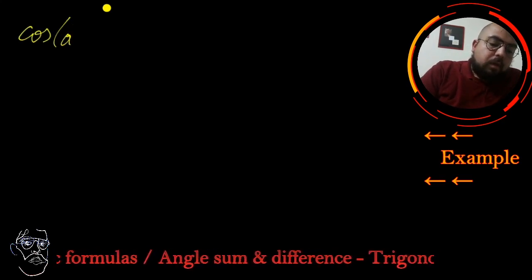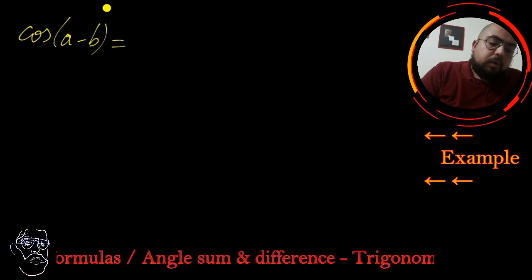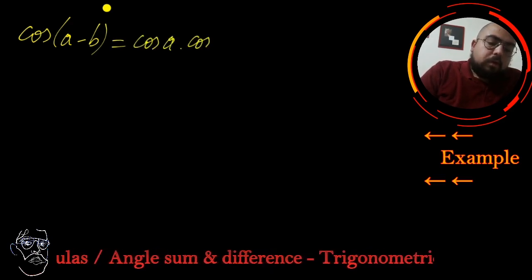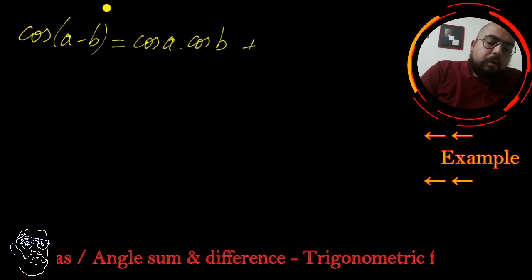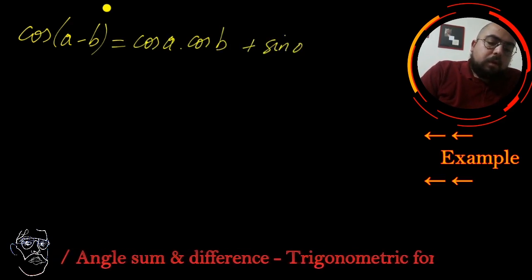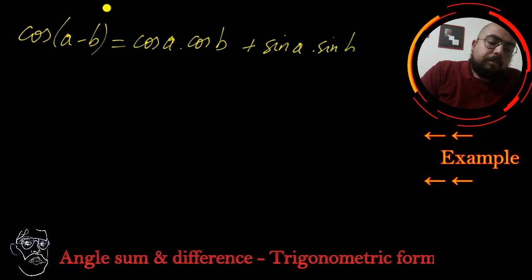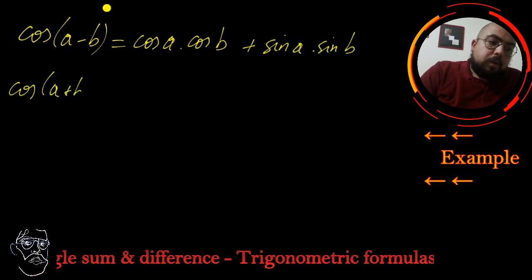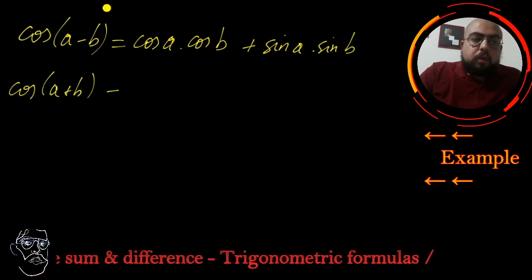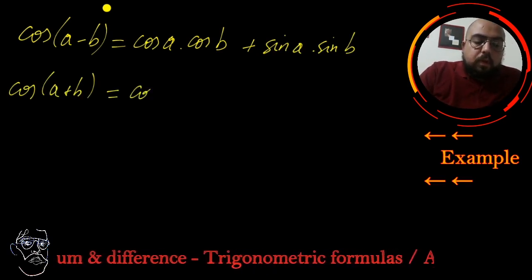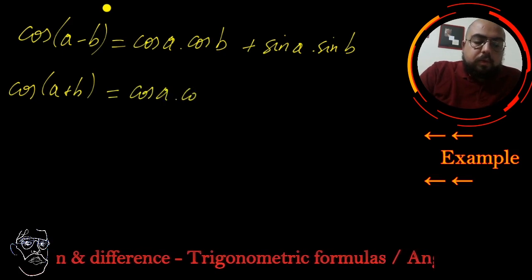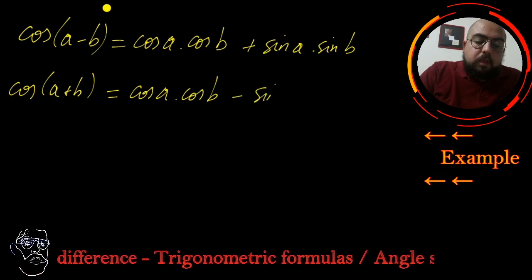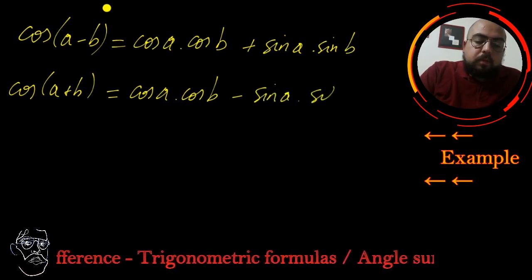Cosine of A minus B is cosine A times cosine B plus sine A times sine B. Cosine of A plus B is equal to cosine A times cosine B minus sine A times sine B.